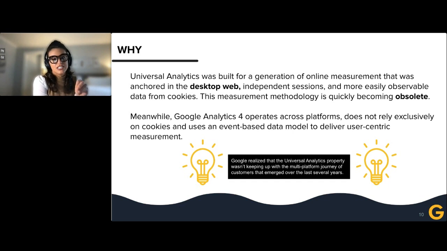It was mostly just the desktop web, whereas now you purchase on your cell phone, on your tablet. Some of the bigger stores have their own app. So GA4 was released so that we could have cross-platform insights, so that you're able to track all of that and really look at the way that people now purchase, which is a lot different than back in 2005.